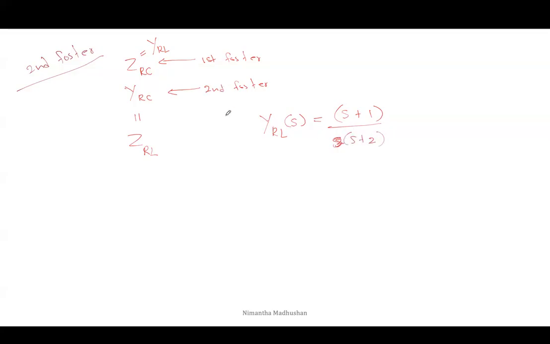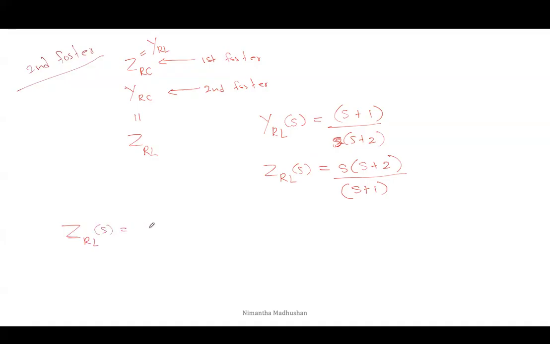Then for the second form, we have to consider the impedance value. We said Z_RL(S) is equal to S times (S plus 2) over (S plus 1). Then we can apply the partial fraction expansion. For this one, we can't apply the conventional partial fraction expansion, so I apply normal division.